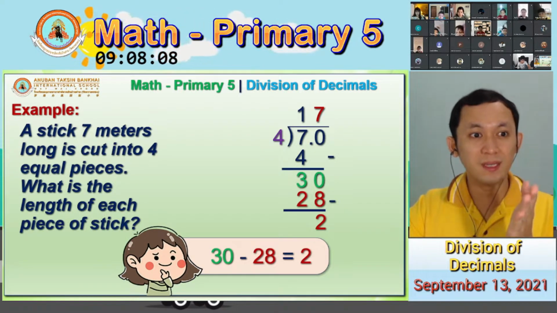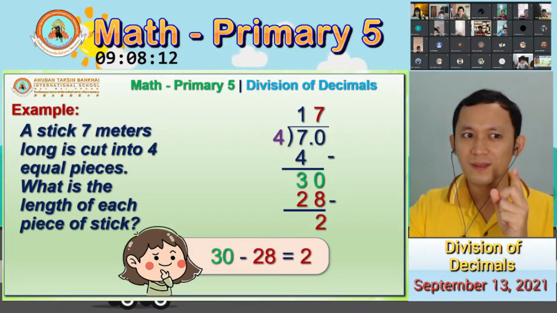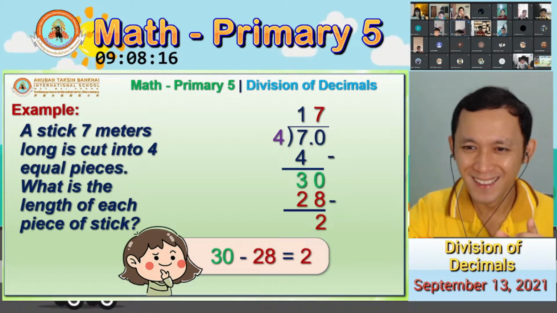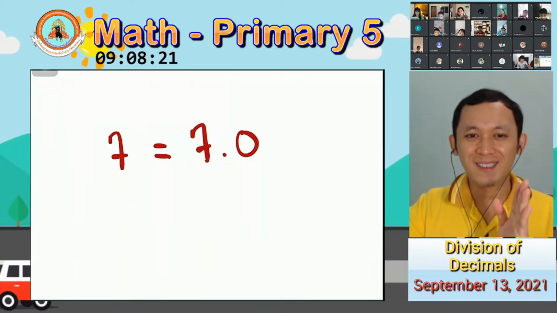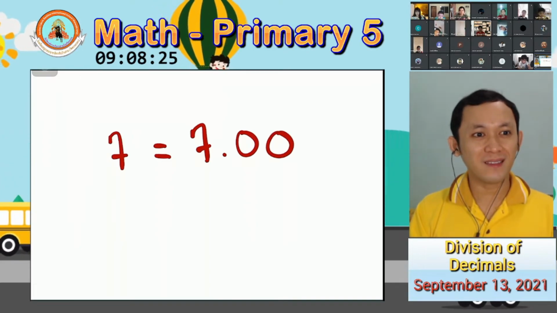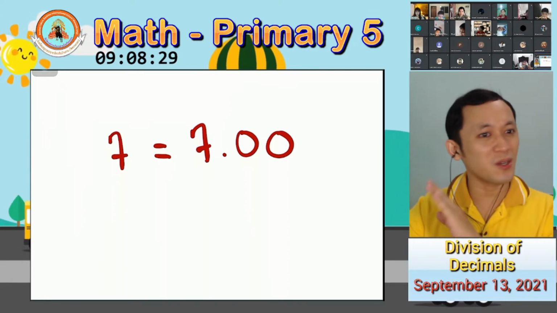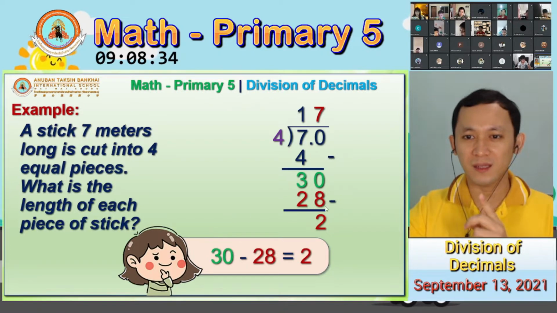Can we still add 0? Are you sure? Okay, listen, we can actually still add 0. 7 is still equal to 7.00, so that doesn't affect our number. So we can still add 0 here.